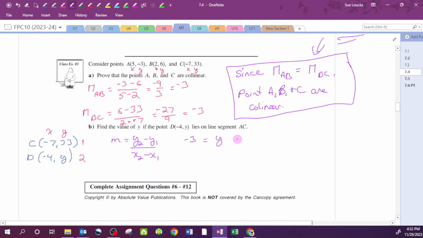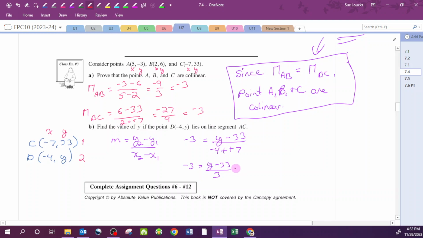I don't know what it is right now, but I'm putting a y in for it, minus 33, because that's my y1, over x2, which is -4, minus -7. So then I have -3 equals y minus 33 over -4 plus 7, which is 3.